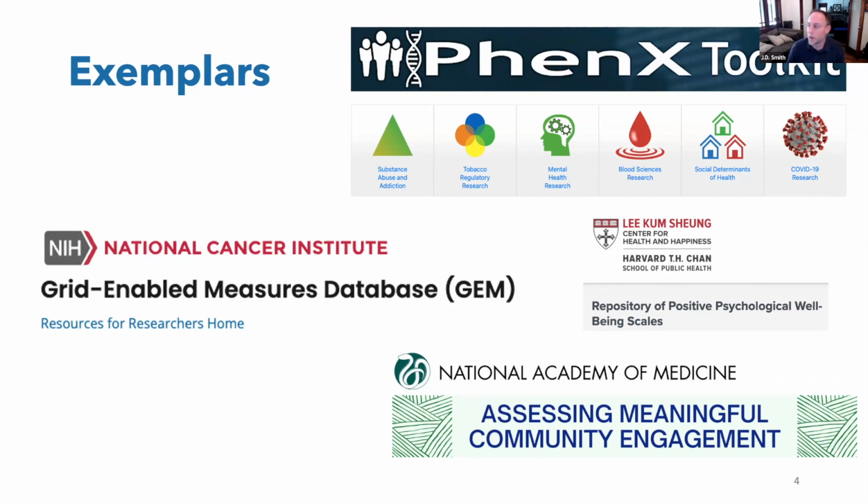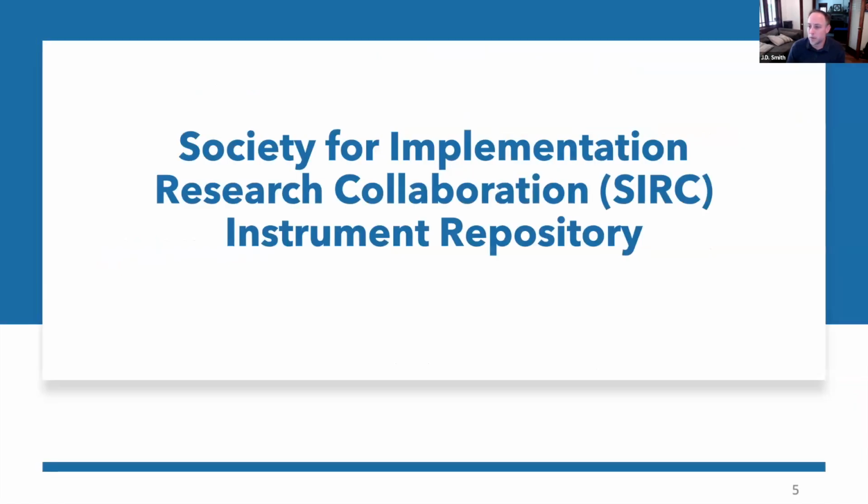So the case example that I want to run through with you all was undertaken by a similar society. CFHA is in a similar position to the one the Society for Implementation Research Collaboration was in back in about 2015, 2016, when they decided to propose and undertake an instrument repository for implementation science measures.